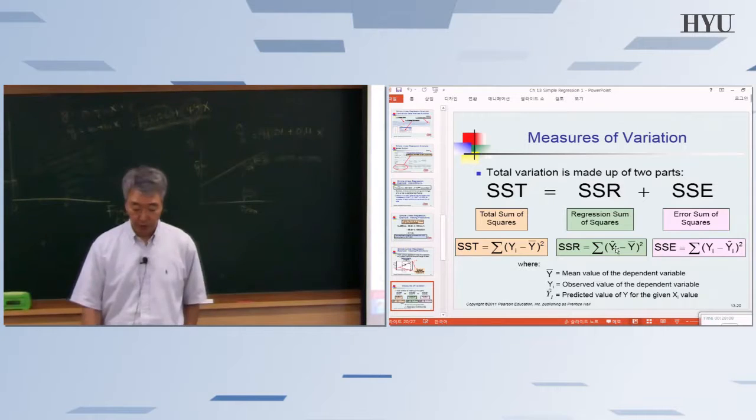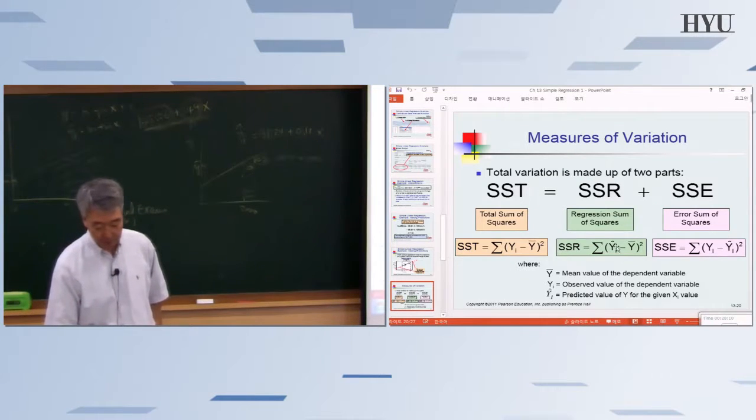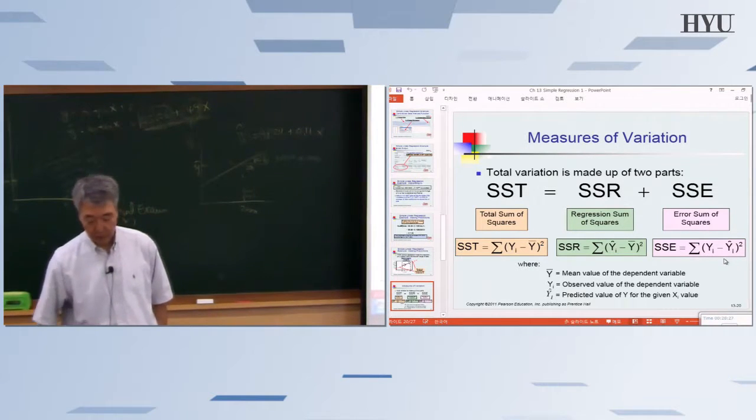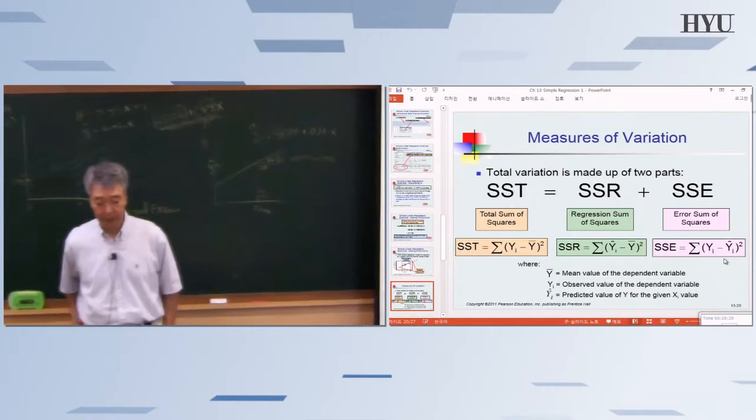So we call it SSR, sum of square for regression, or regression sum of squares. And finally, we have the difference between actual value and your predicted value. Obviously, this is your error, unexplained deviation. So we call it sum of square for error, or error sum of square.